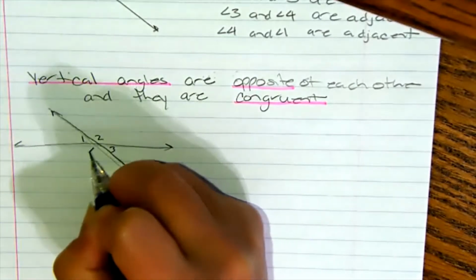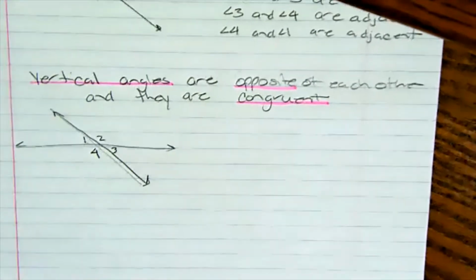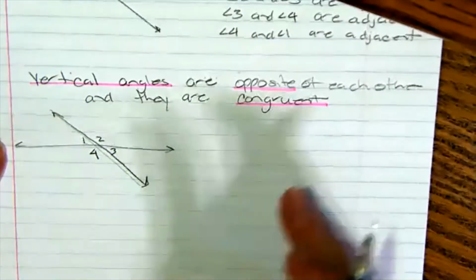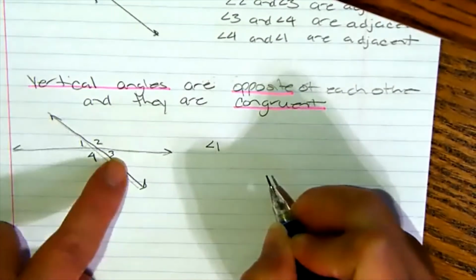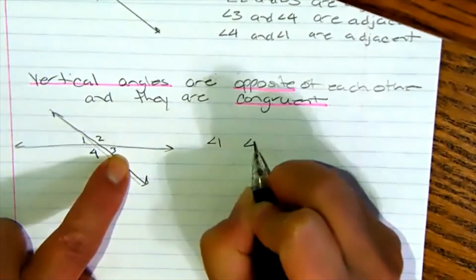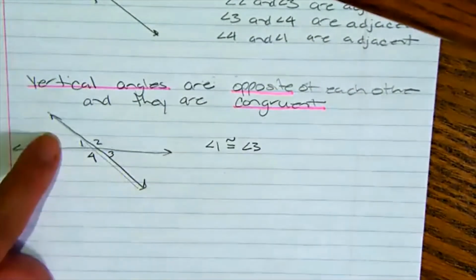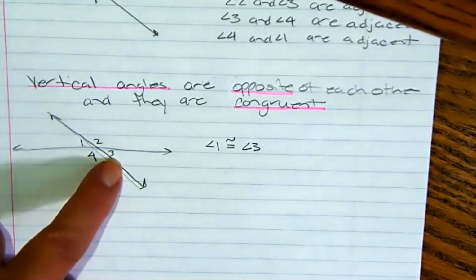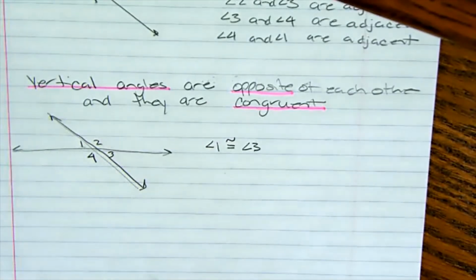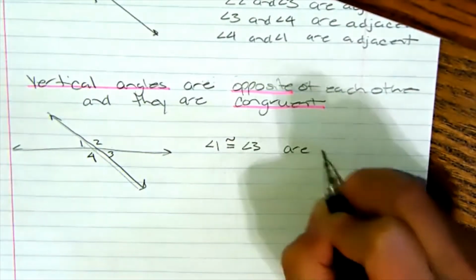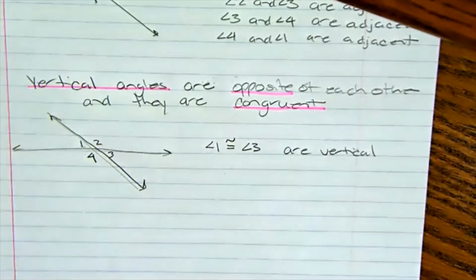One, two, three, 4. So vertical angles are opposite of each other and they're congruent. So angle 1 is opposite angle 3 and they are congruent. So angle 1 is congruent to angle 3. They are opposite of each other, so they are vertical angles.